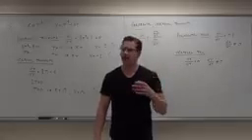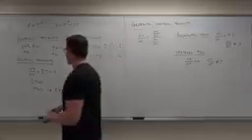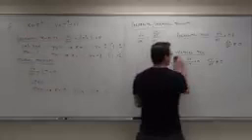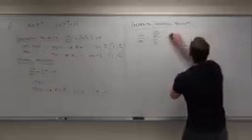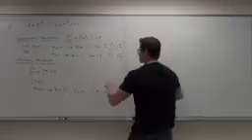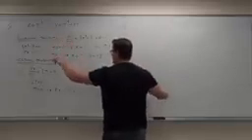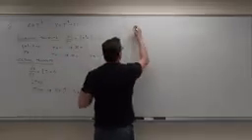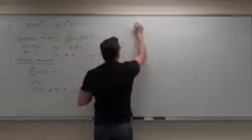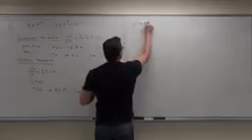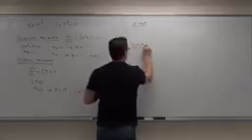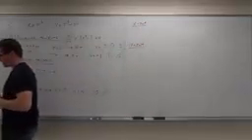That's what we're going to do next. So we had horizontal tangents, we got vertical tangents. I want x-intercepts and I want y-intercepts. Don't worry, they're not hard to find.